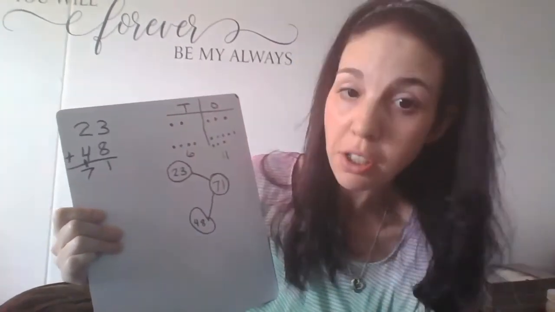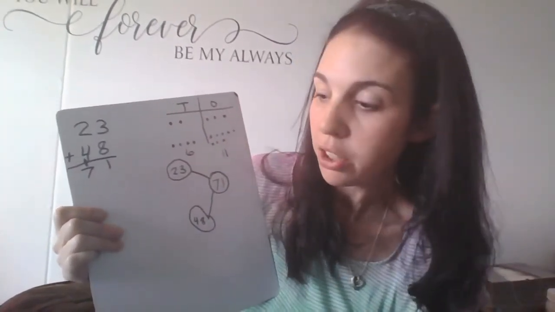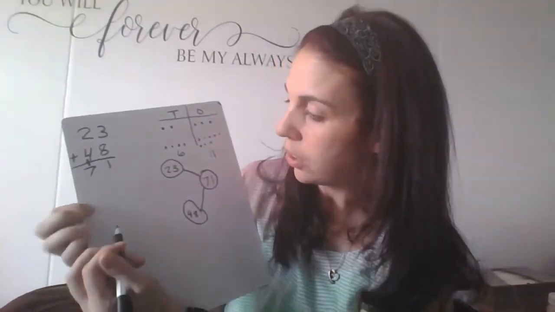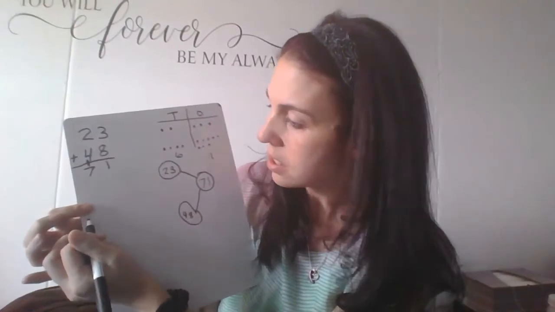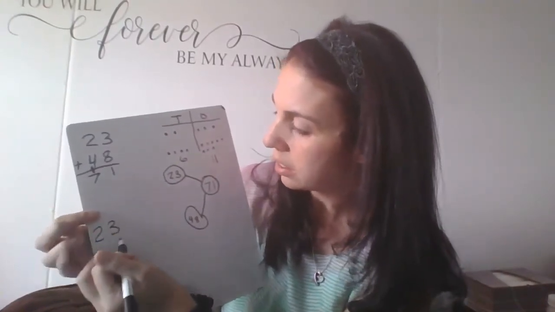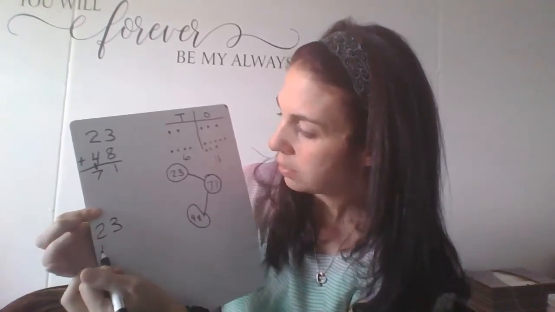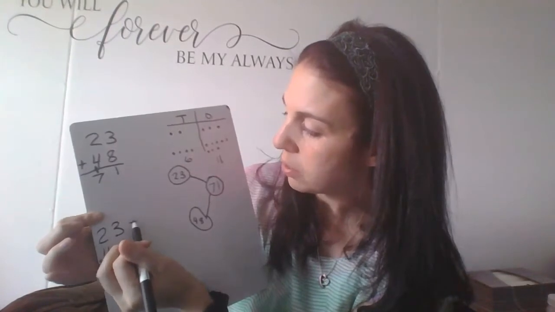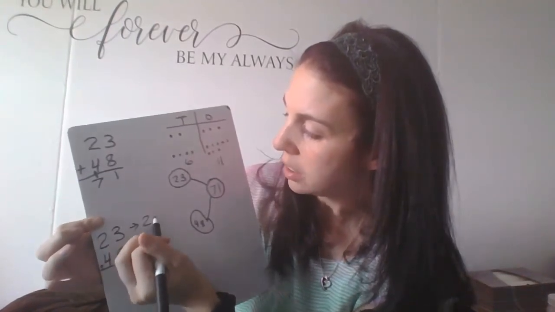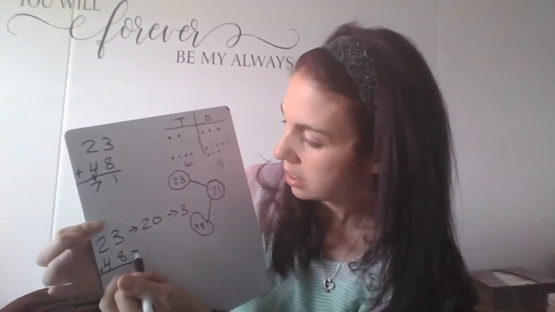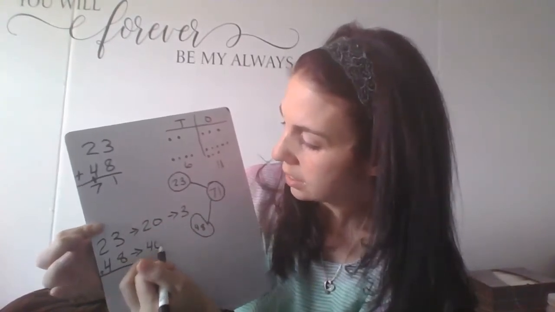Now, we can also show this problem using expanded form. Now, expanded form would look like this. 23, 48. Expanded form, sometimes we call it the arrow model. 20 and 3, 40.